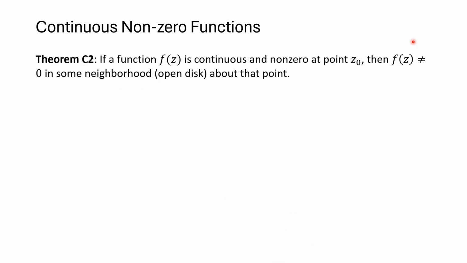We have one last theorem before we conclude this lesson and go into derivatives in the following lesson. If a function f of z is continuous and non-zero at a point z sub 0, then f of z does not equal 0 in some neighborhood, some open disk about that point. And just by the way, I'm using this labeling C2 for continuity theorem 2, and the previous one was theorem C1.